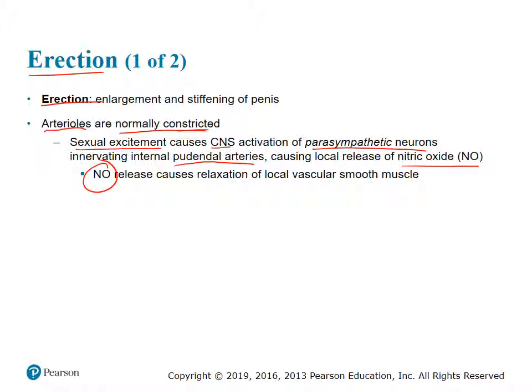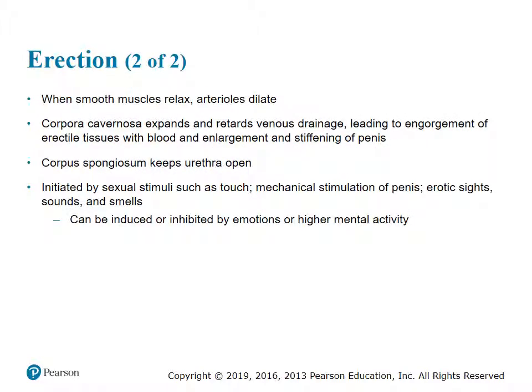Nitric oxide causes the relaxation of those smooth muscles. The smooth muscles relax, then let blood pool into that spongy tissue, fill up with blood, and this is where the penis will become erect and then harden, right? When those smooth muscles relax, arterioles dilate.